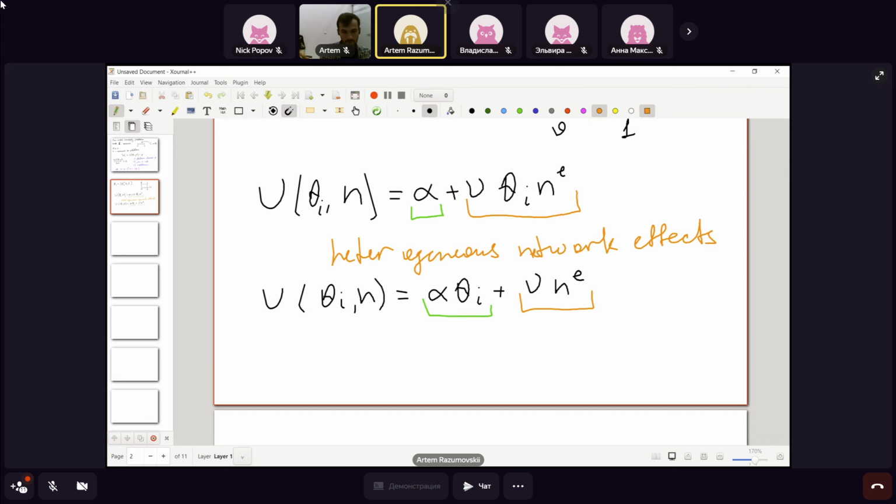Now the network effect is the same for any agent, for any type, but we have different costs to join the platform for different consumers. Just to make sure, this symbol before the N here, it's nu, right? Yeah. Okay.